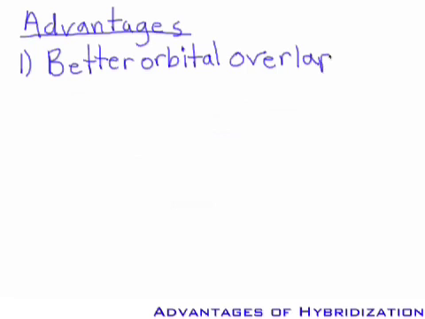Hybrid orbitals give you better orbital overlap. The electron density is concentrated between the bonds.